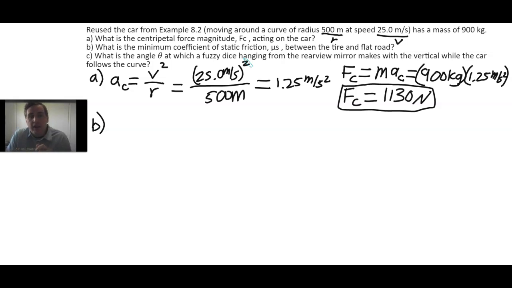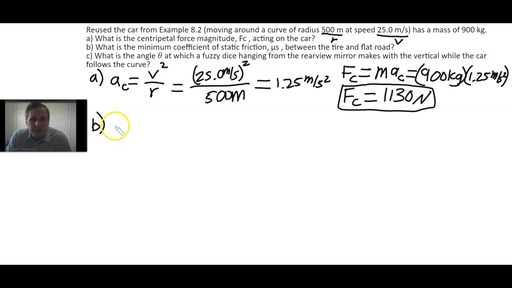In other words, if this is the minimum coefficient of static friction, then the speed is at its maximum value if the car is going exactly at its fastest speed to barely be held on the road. But anyway, let's just go ahead and solve for this mu sub s.